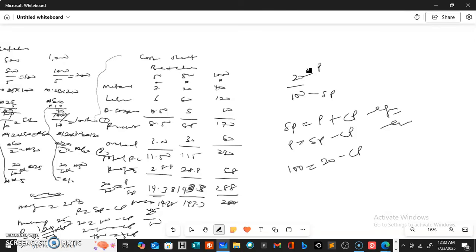We don't know the cost price. So 100 minus 20 equals the cost price. So cost price equals 80.